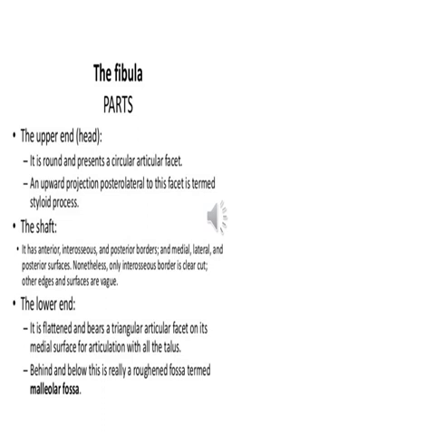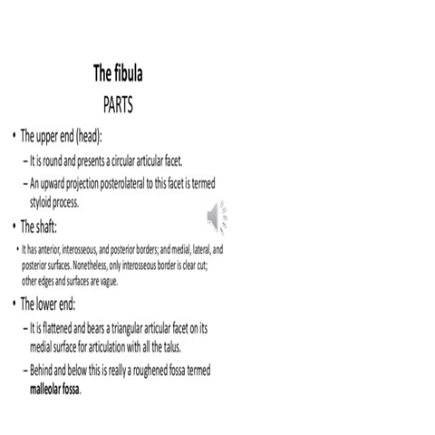The upper end is round and it bears a circular facet. It will articulate with the lateral condyle of the tibia. There is a facet on the posterior surface of the lateral condyle of tibia. Then posterolaterally, there is an upward projection that is known as the styloid process.